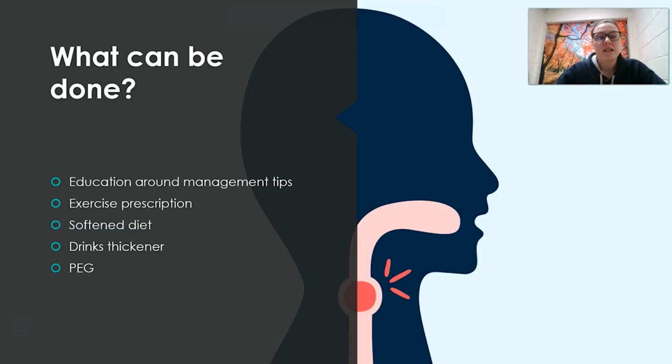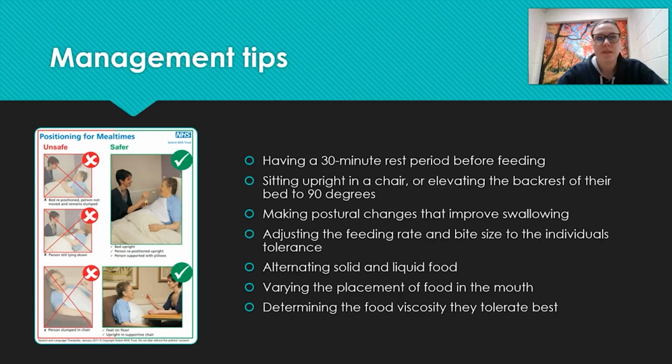There are other things that can be adapted as well, so it can be changes to your diet, eating a softened diet, adding thickener to your drinks, and then sometimes people may also have a PEG fitted, which we're going to go into a little bit later on.